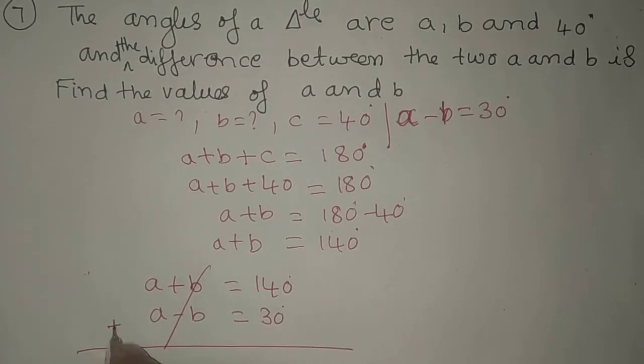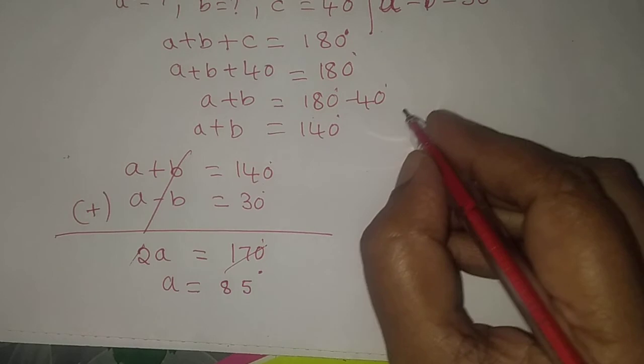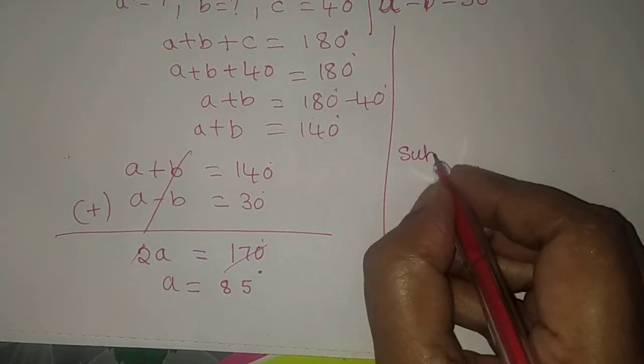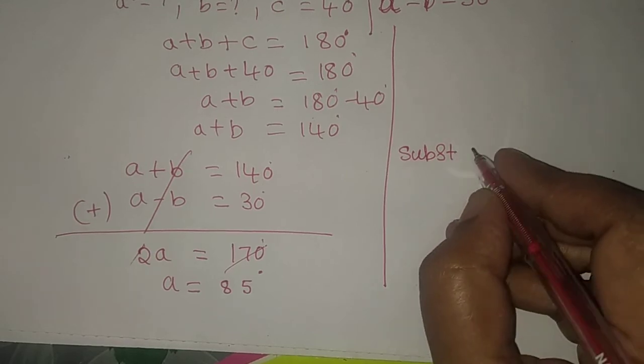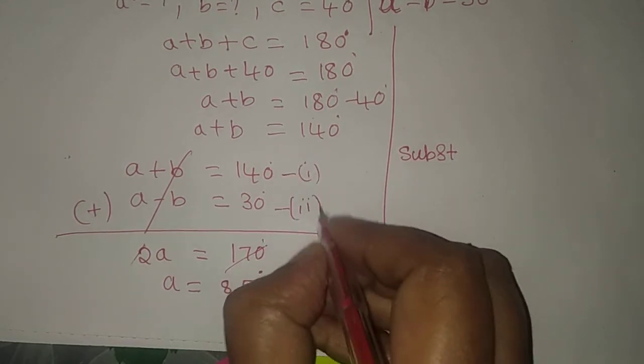Cancel this, add this, cancel this, we will get 2A is equal to 170 degrees. Therefore A is equal to 85. So we are getting A as 85 degrees. Next, substitute. This one we take as equation 1 and this one as equation 2.